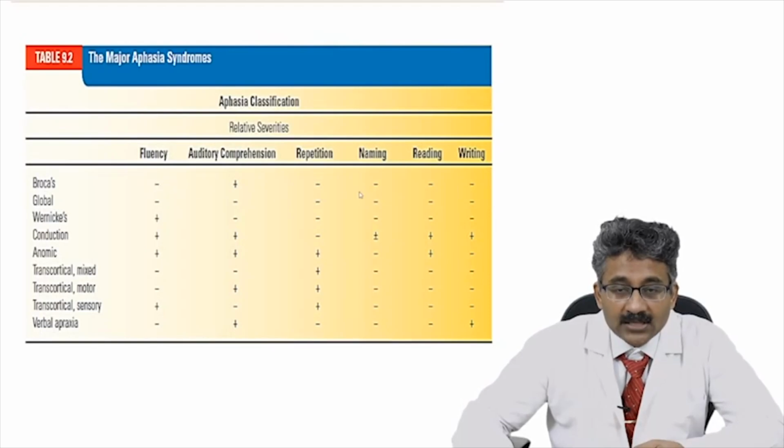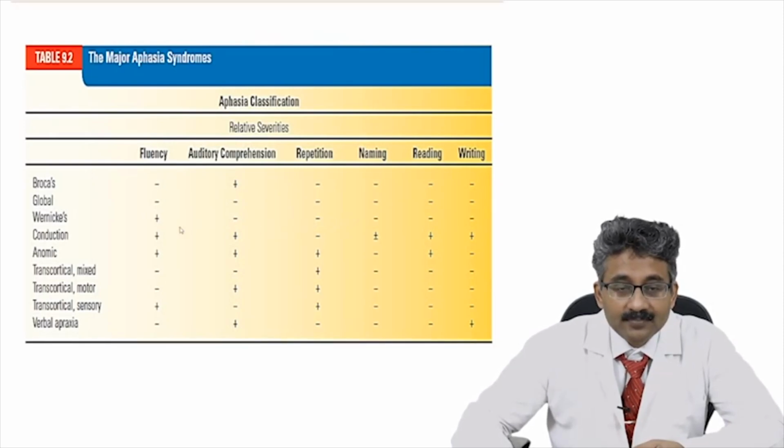And rest, repetition, naming, reading, writing will be abnormal. Only comprehension is normal in Broca's aphasia. In Wernicke's aphasia, fluency is normal, comprehension is abnormal, and rest, repetition, naming, reading, writing will be abnormal. Whereas in global, everything will be abnormal: fluency, comprehension, repetition, naming, reading and writing.